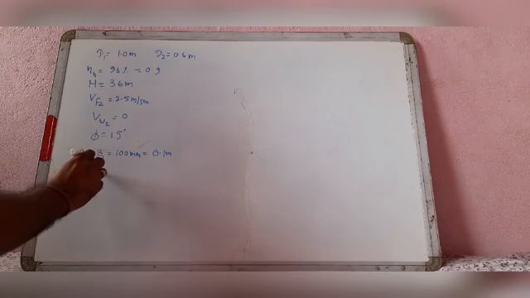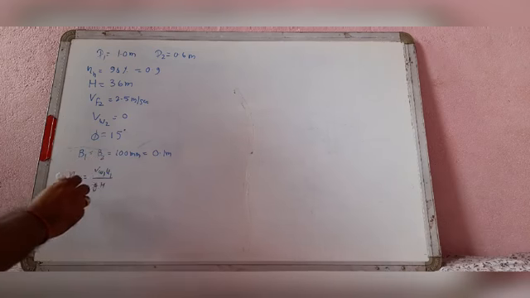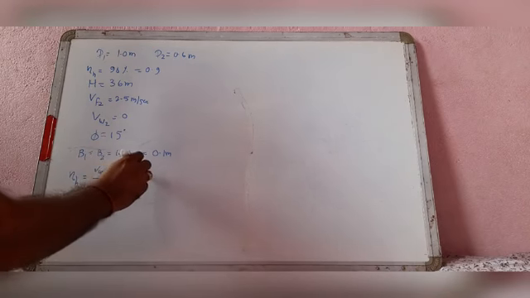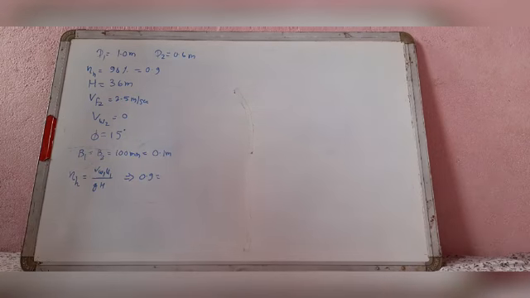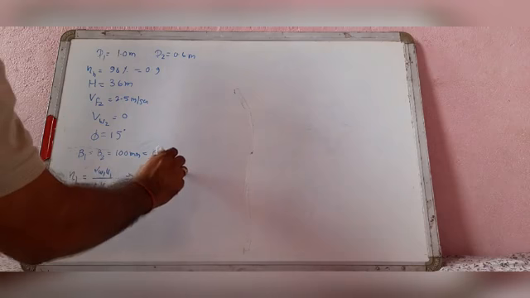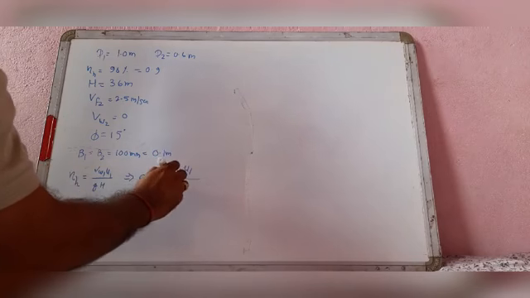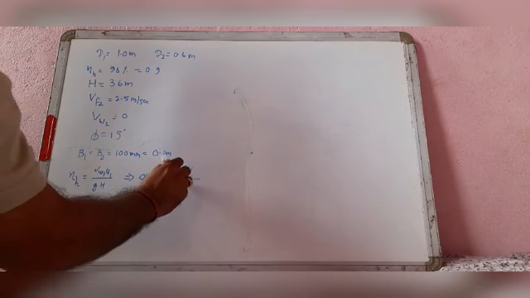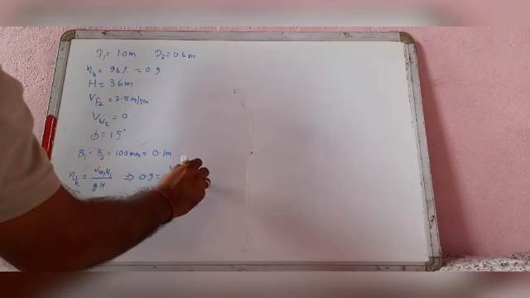Using the equation, eta hydraulic equal to Vw1 U1 by g H, that is 0.9 equal to Vw1 U1 by 9.81 into 36.